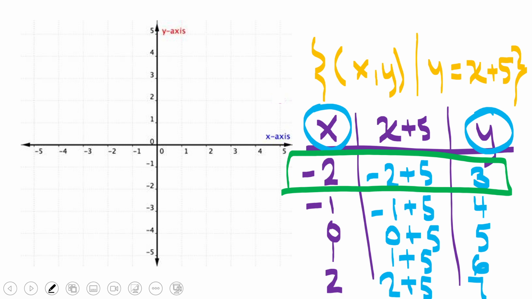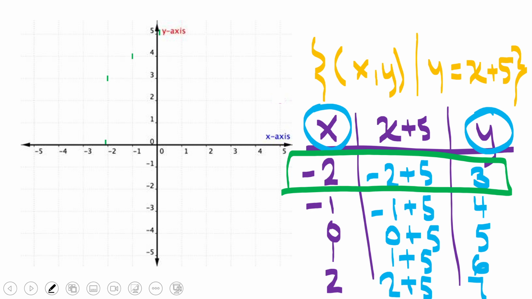So we're going to graph that. We have -2 for x, 3 for y. Then we have a -1, 4: -1 for x, 4 for y. Zero for x, 5 for y.